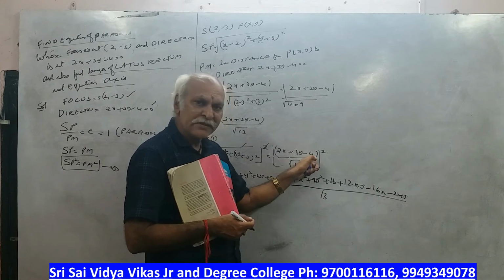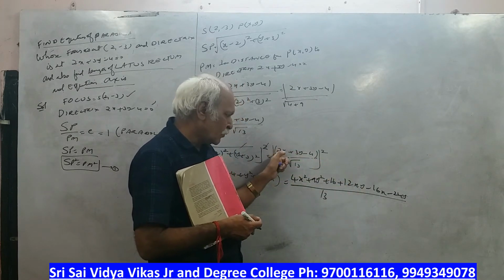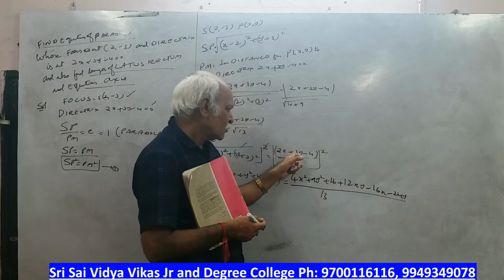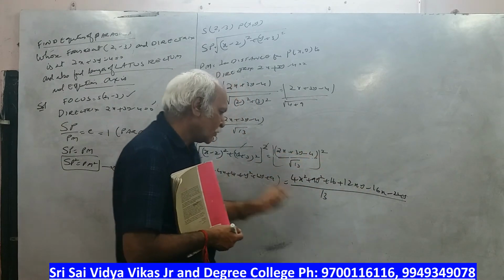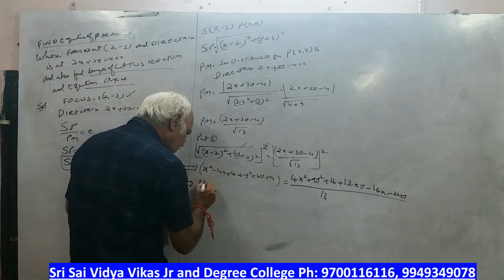But whenever I am writing c, I write -4. So 4x square plus 9y square plus 16 plus 2 into 2 into 3 is 12xy, 2 into 2 into -4 is -16x, 2 into 3 into -4 is -24y, divided by 13. Cross multiplication with 13.